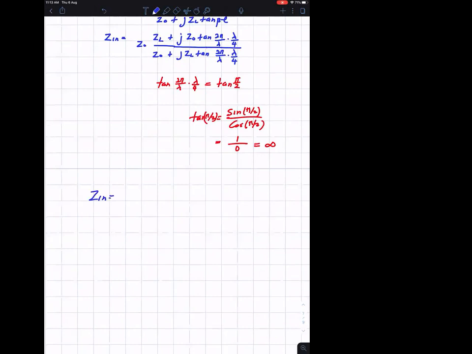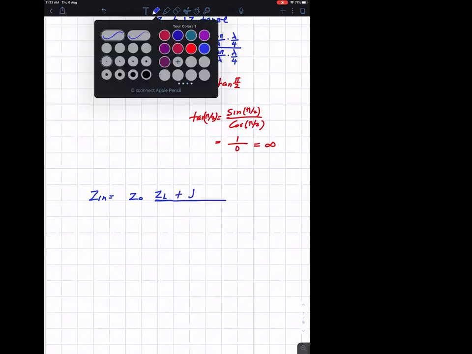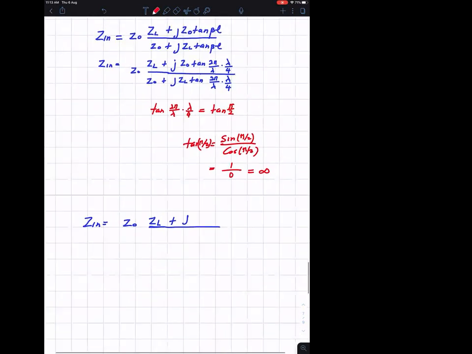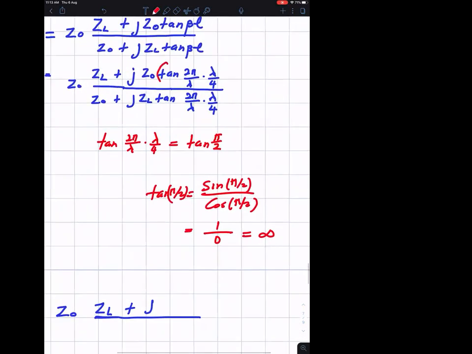Z in equals Z naught, ZL over plus j. Okay, so this part is infinity. Do you agree, guys? This part here that I'm circling right now is infinity, right?